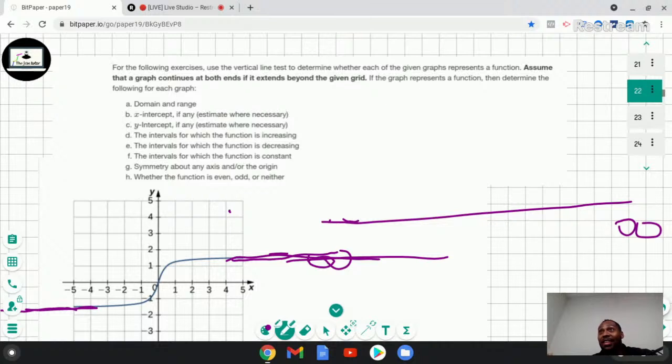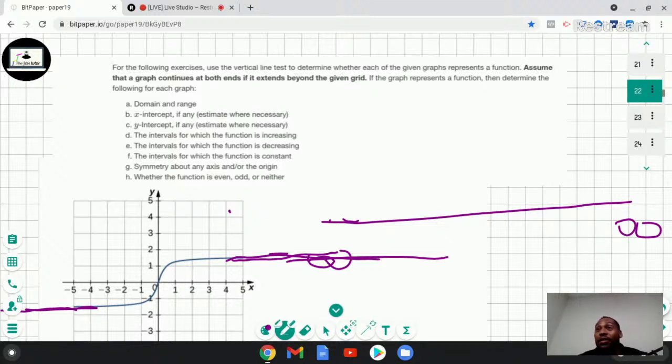Now, as you can see here, from all the way to the left and all the way to the right, that specific function can take all of those values, from negative infinity to positive infinity.